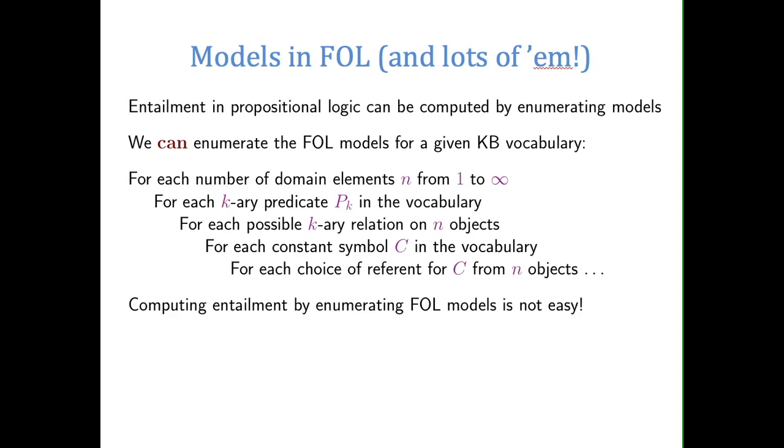Well, that brings us to the notion of models. Now, it turns out that there are many, many more models typically for any particular knowledge base in first-order logic than in propositional logic. Well, why is that?